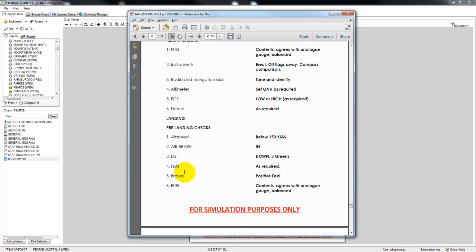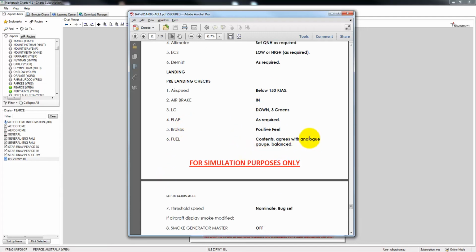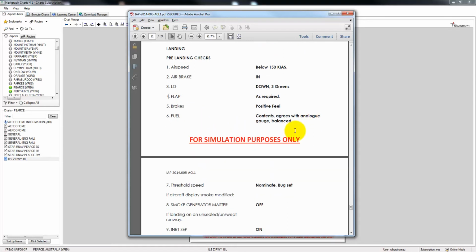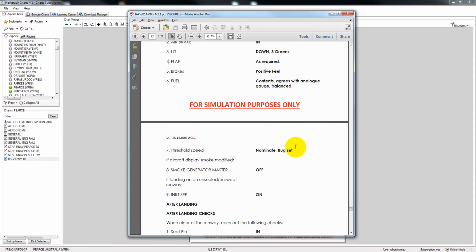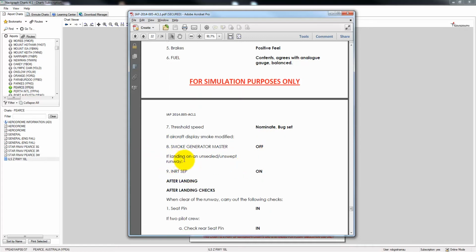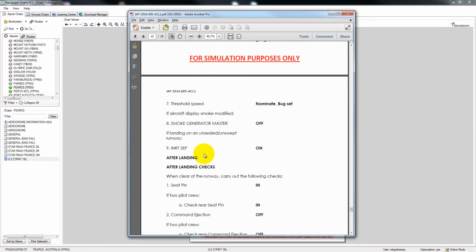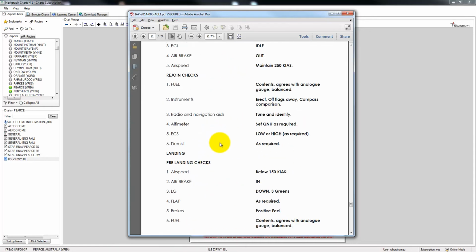Brakes, well, we can't actually simulate that other than making certain that we get the little marker. Our fuel should be balanced, then nominate what our threshold speed is going to be and set our bug for it. If we've been using the smoke, make certain it's off. And if we're landing on an unsealed runway, make certain our inertial separator is on. So, let's go fly a standard pattern, and then do a touch and go.